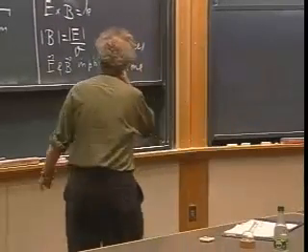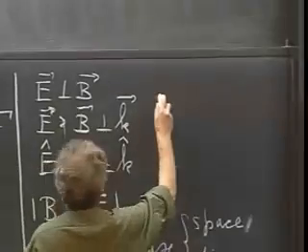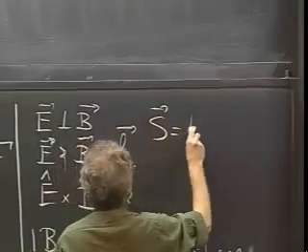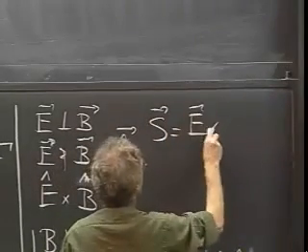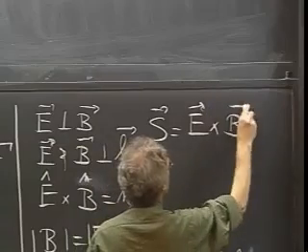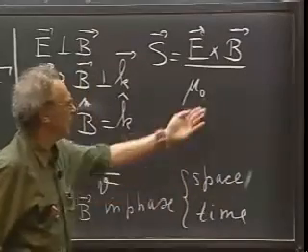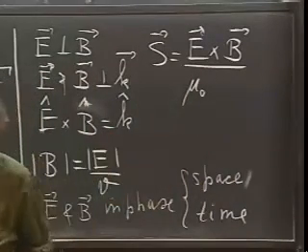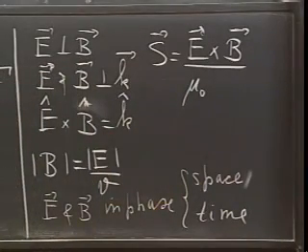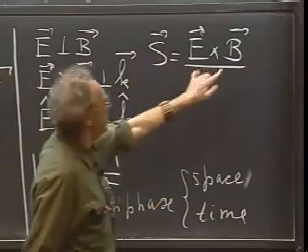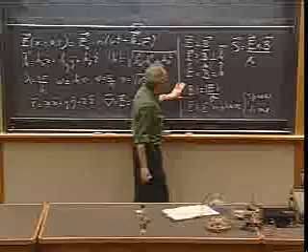The Poynting vector S is E cross B divided by mu 0, and if there were magnetic material, you would also have a kappa m here, but I will leave that out. You can always write down for the magnitude of B, E divided by v.